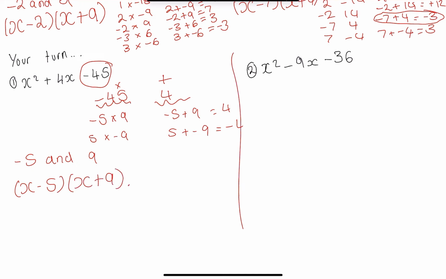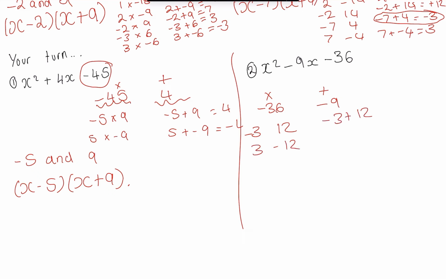Next one, we're looking for two numbers that times together to give me -36, but add together to give me -9. So again, I'm not going to go through all the examples, but the two factors that you should have been focusing on are 3 and 12, making sure one was negative each time.